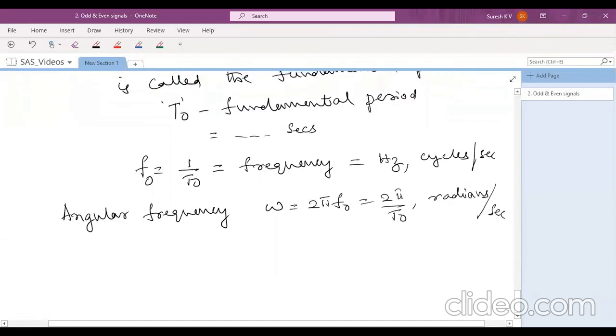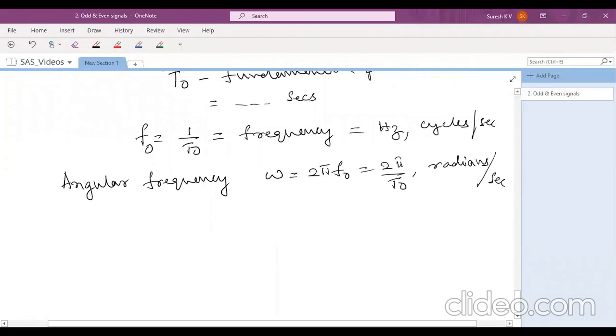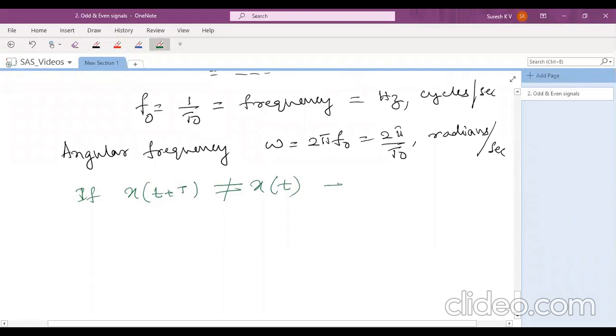Okay, so this is how you can define a signal to be periodic. Suppose x of t plus capital T doesn't satisfy the equation for any period, then such a signal we call non-periodic or aperiodic signals.